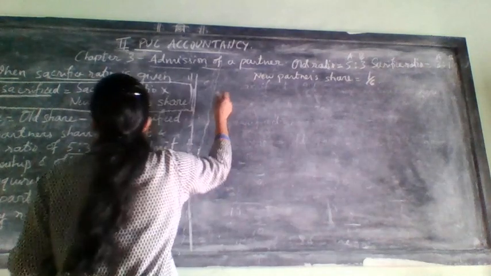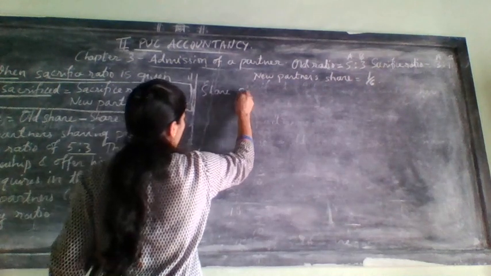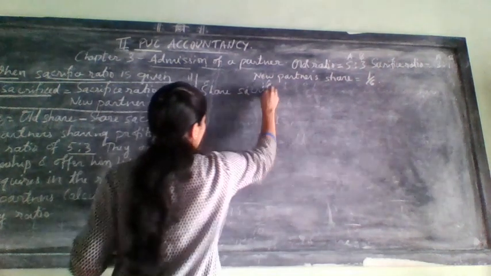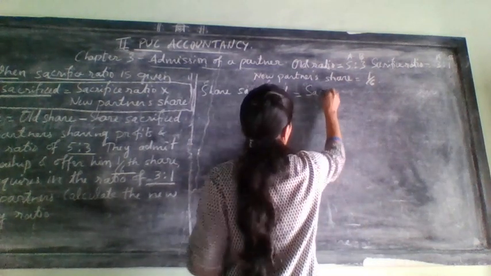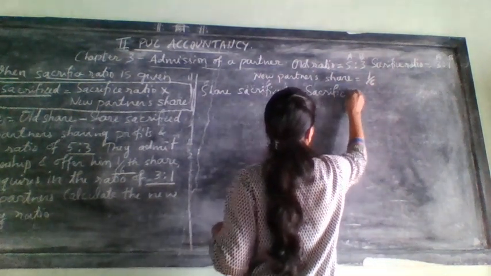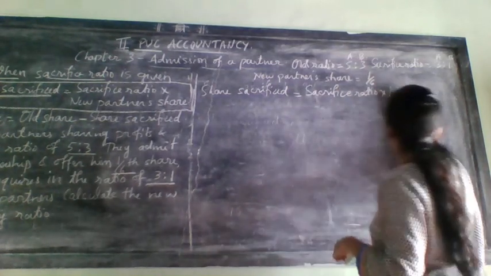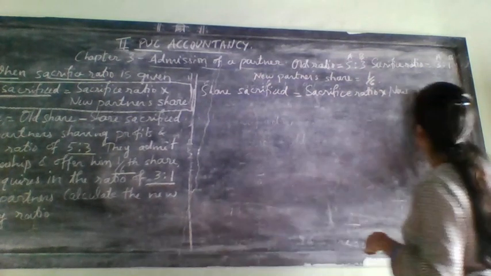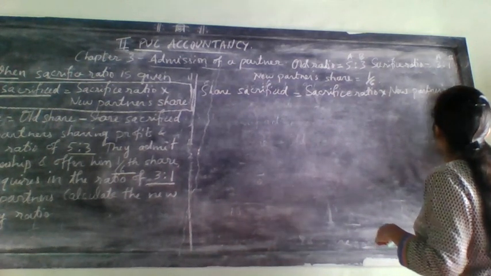Okay, now we need to find the share sacrificed. Write the formula: share sacrificed is equal to sacrifice ratio into new partner's share.